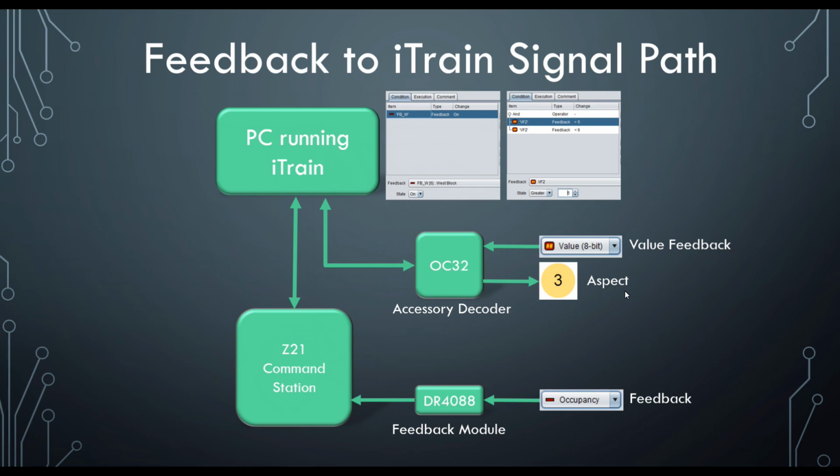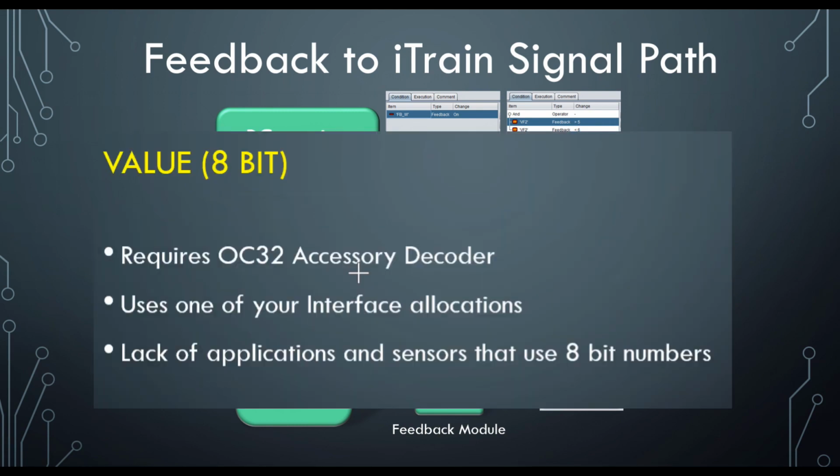Okay, so that's the physical setup that you need to support a device or sensor that generates 8-bit values. And I have described 3 possible obstacles that might prevent you using that feature.